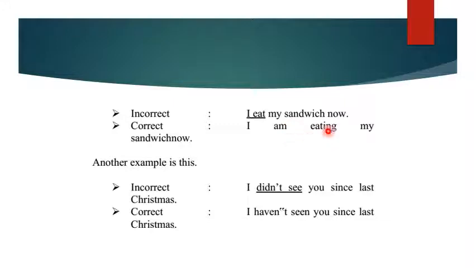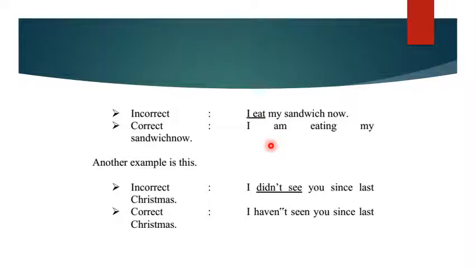Because here, you know the keyword now, we are supposed to use the present continuous, which consists of the verb to be plus the verb plus ing, as you see here. So the Arab learner is just saying "I eat my sandwich now," which is incorrect.